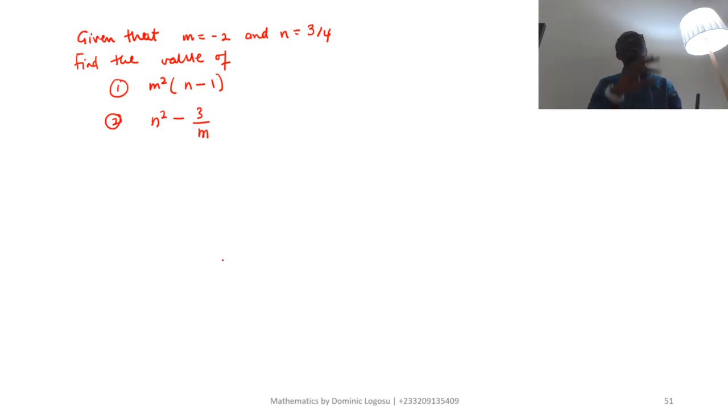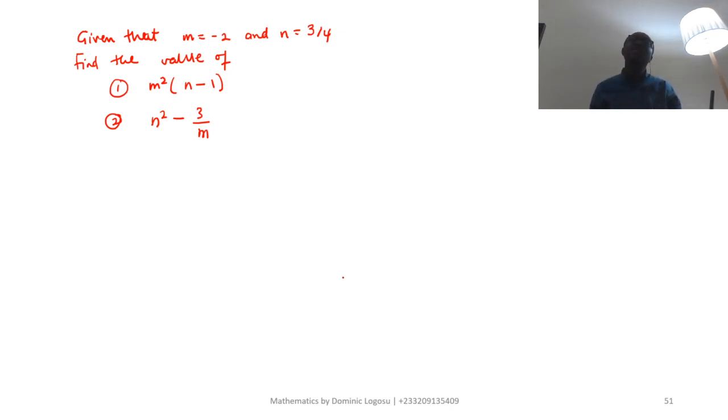So this basically is a form of, how do I say, change of subject and substitution is taught as one topic, because sometimes they'll give you an equation that you are supposed to change the subject of, and then they'll give you values of variables that are related to that equation, so that you can substitute it in and then find the value of what you just made the subject.